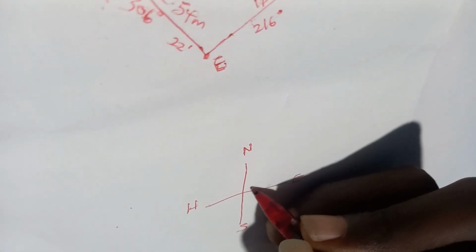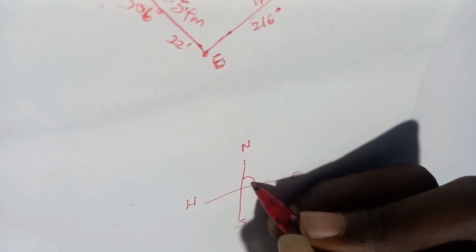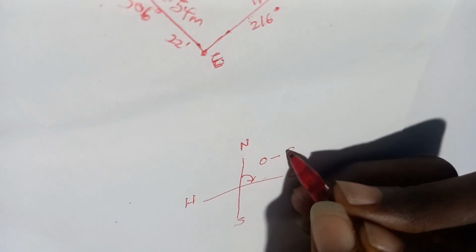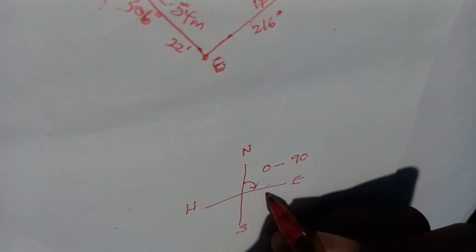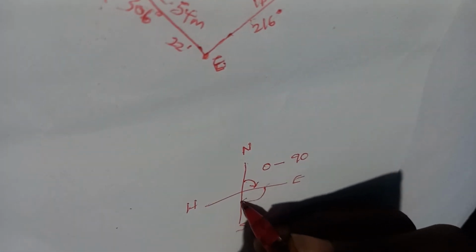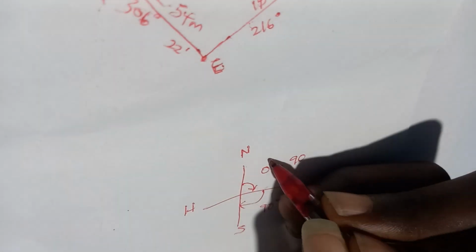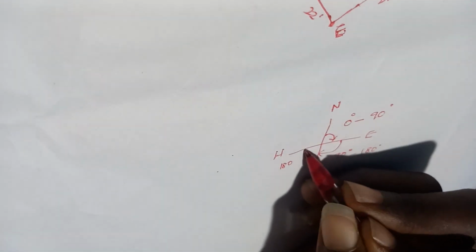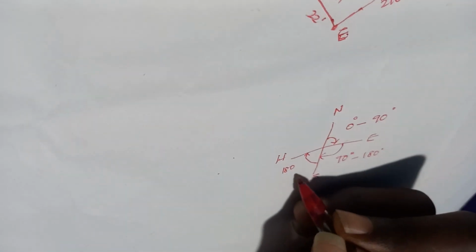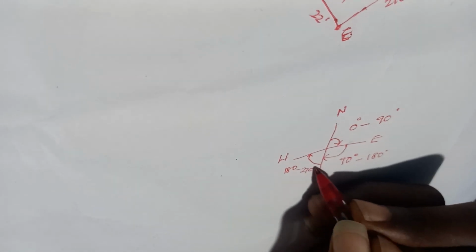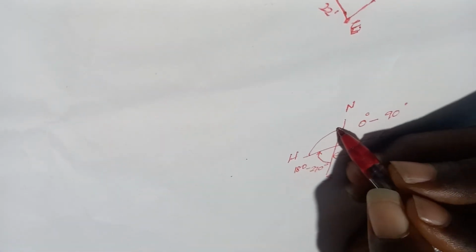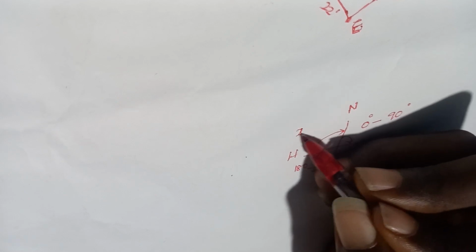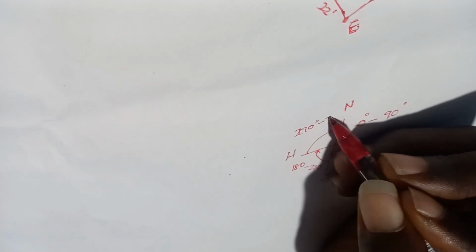From here to here is 0 to 90 degrees, from here to this place is 90 to 180 degrees, from this place to this point is 180 to 270 degrees, and from here to this place is 270 to 360 degrees, which makes it a full circle.